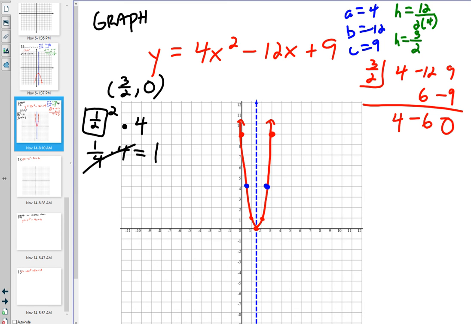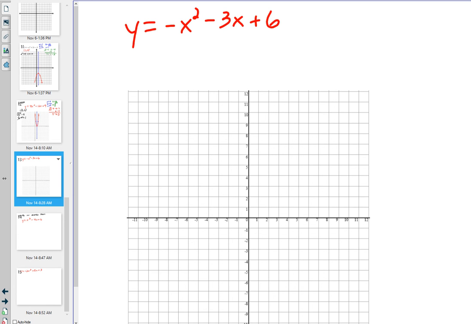Last one. A is -1, B is -3, C is -6. So H is going to be +3 over 2 times -1. That's going to be -3 over 2, which is -1.5.